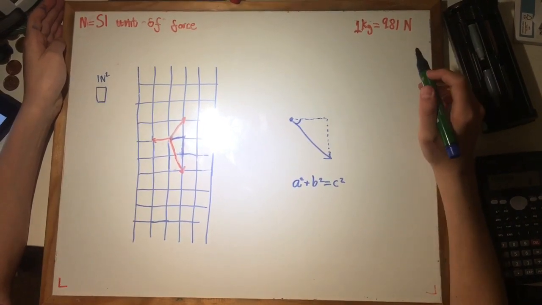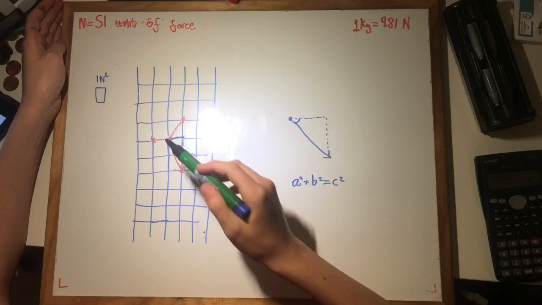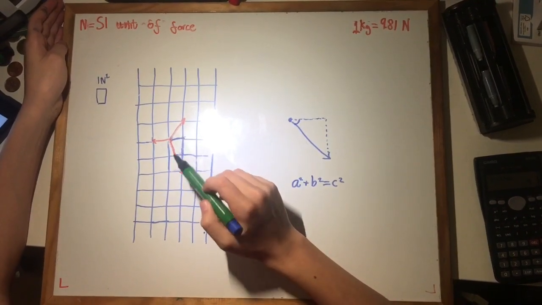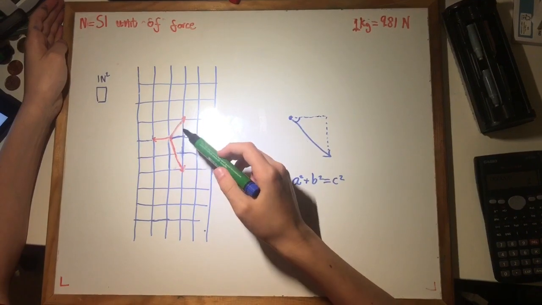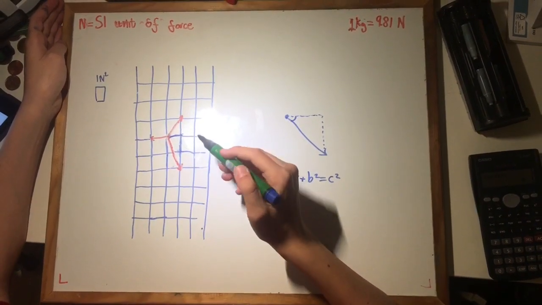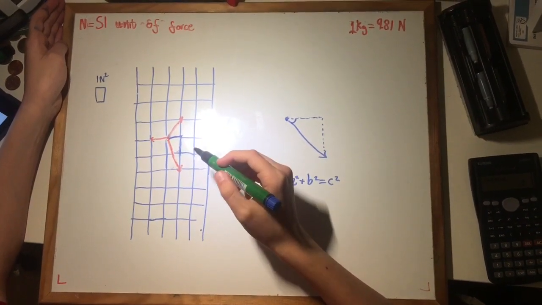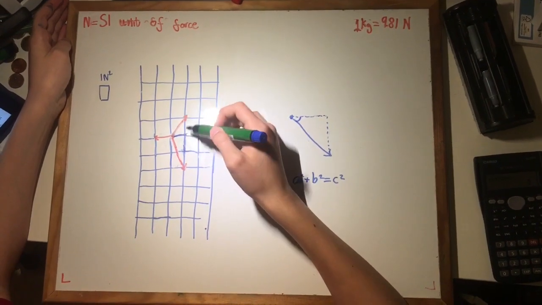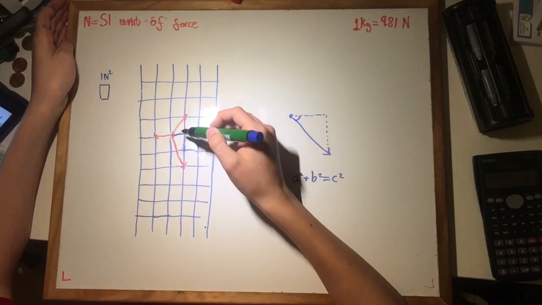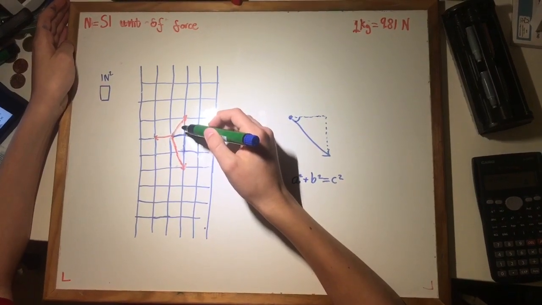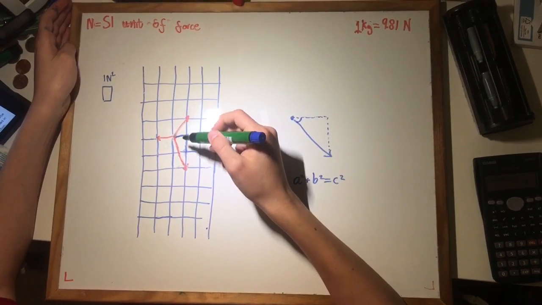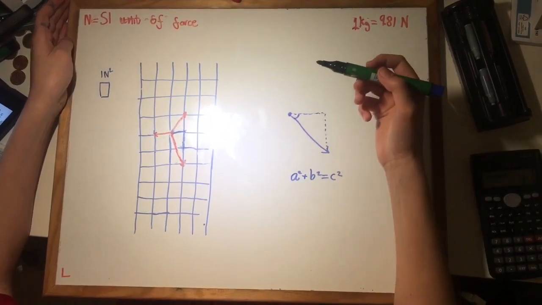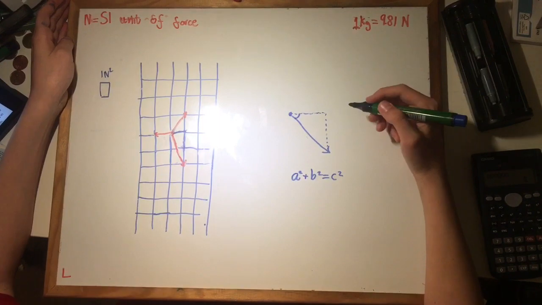So here you have the horizontal components, which are 2 to the right and 1 to the left, which cancels out, so there's 1 to the right. And the vertical components, there's 1 upwards, 2 downwards. The one vertical force upwards cancels out one of the downwards forces, and that makes 1 force downwards.